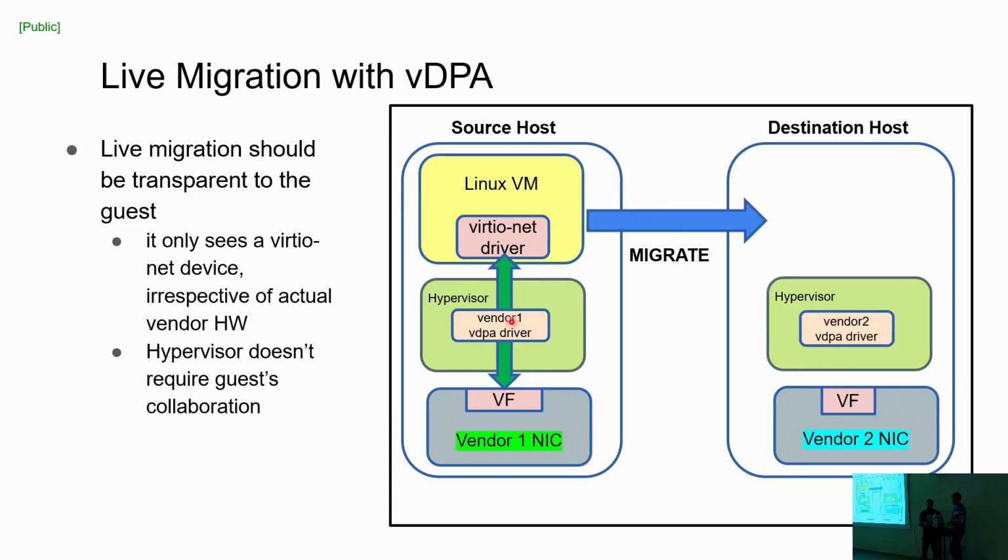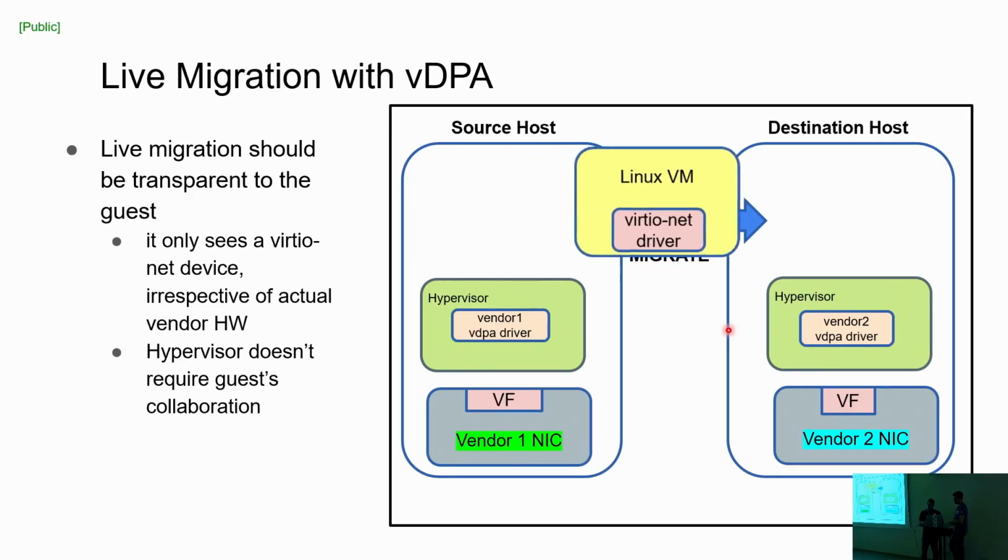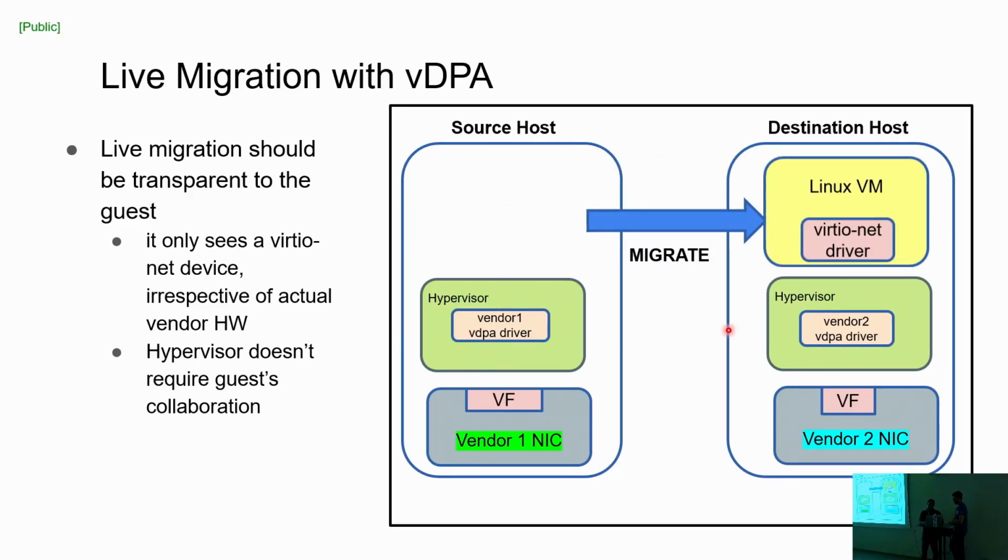We have their corresponding drivers in the hypervisor, not the virtual machines. So when we migrate, we again stop the virtual machine at the source host and transfer it to the destination. And then when we resume operation, this vendor 2 vDPA driver allows us to easily communicate with the virtio-net driver, and hence the issues with SRIOV VF pass-through are not seen. So everything works as expected.